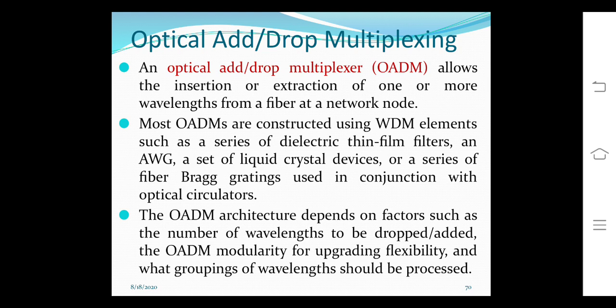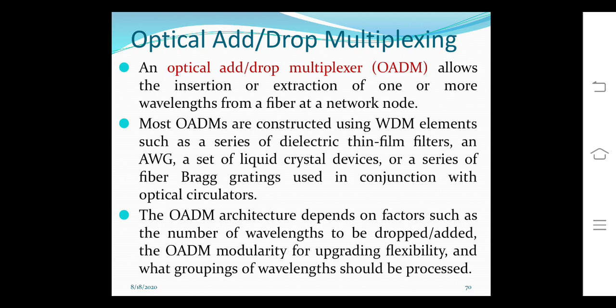Bragg gratings are, normally in files we will have lines etched in them. Files are what we use to polish metallic surfaces, and we will have lines which are at 45 degrees and parallel on the surface, those are called Bragg gratings, and they are used in conjunction with optical circulators.